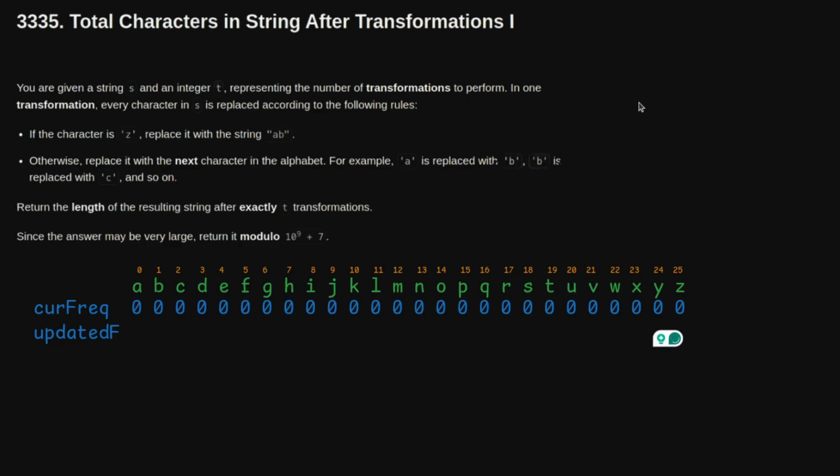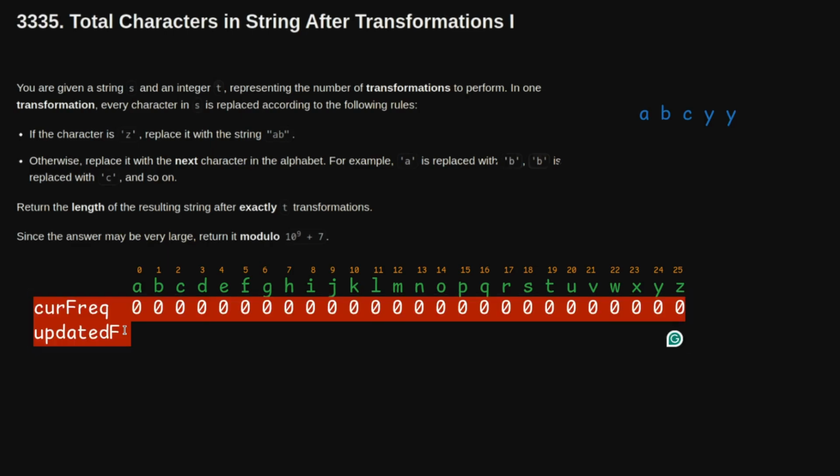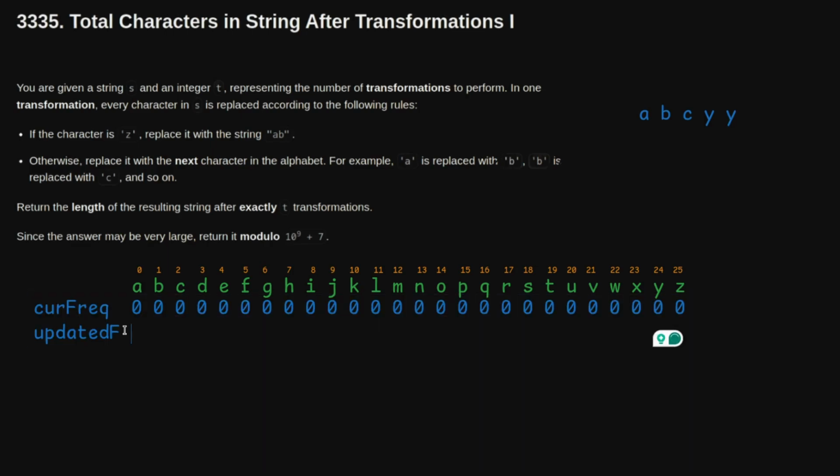Let us say the string here was A, B, C, Y, Y. So if A is this, I will say A is 1, B is 1, C is 1, and here all will be 0 up to Y, and Y is 1.